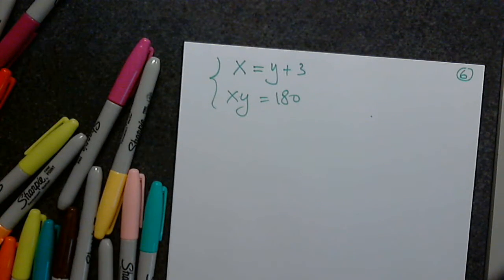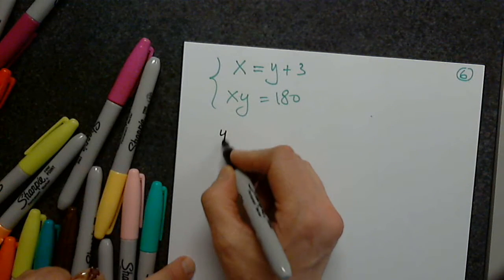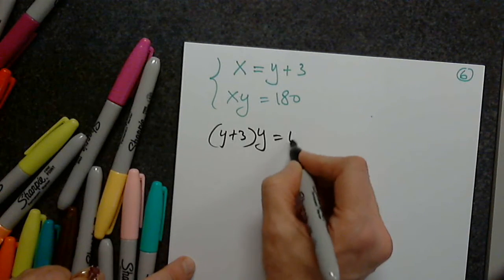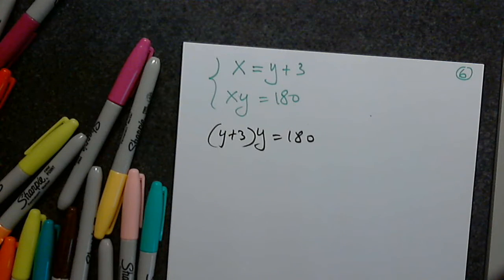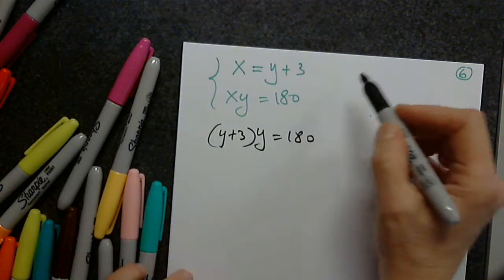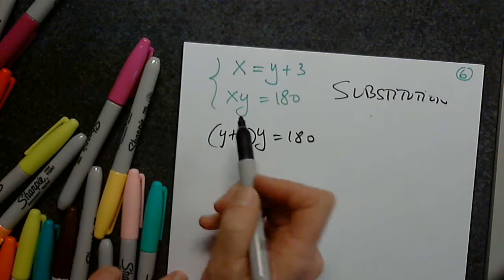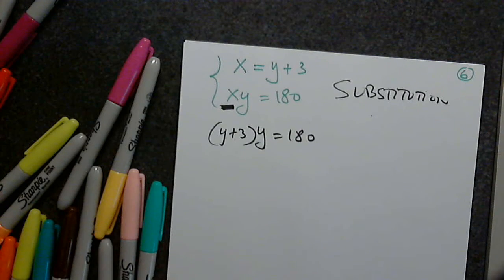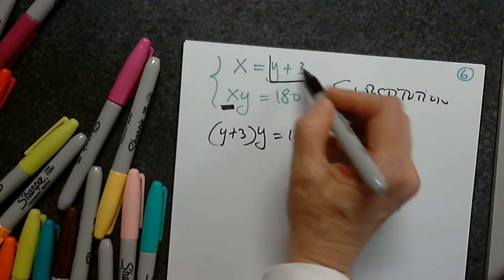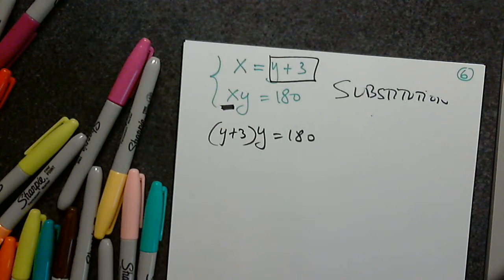What do you think I'm going to do? Exactly. So I will write y plus 3 multiplied by y equals 180. That's exactly what I'm doing. I'm using substitution. I substituted the x in the second equation by what the first equation tells me it equals.